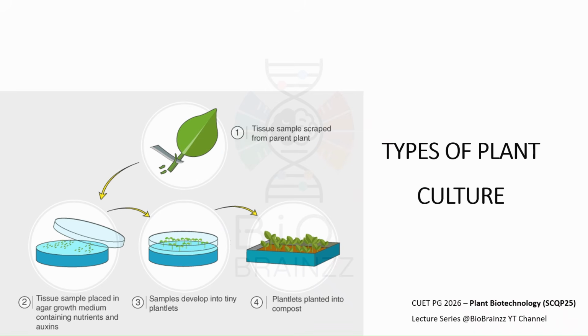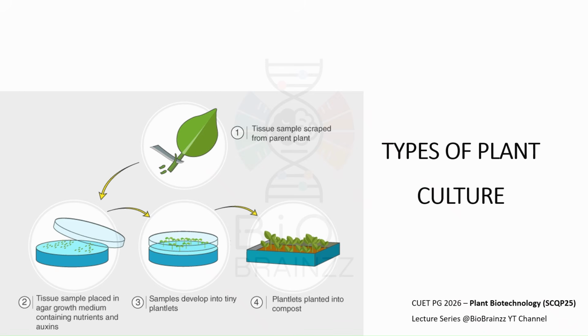After understanding organogenic differentiation, we now enter a very important section called types of plant culture. This is one of the most commonly tested areas in CUET PG because different culture types are associated with different applications such as embryo rescue, metabolite production, germplasm conservation, somatic hybridization, and virus elimination.